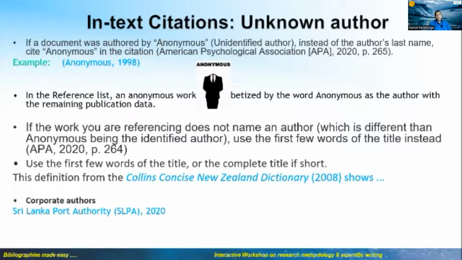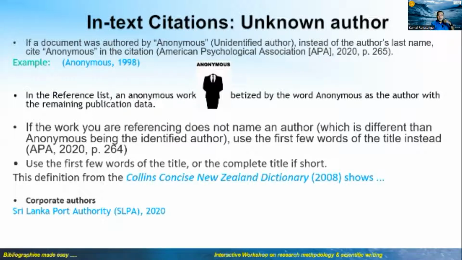So instead of the author's last name, you use the term anonymous, and you follow the rest of the reference the same as the others. The only difference is the term anonymous. This applies where the book says the author's name is not known.